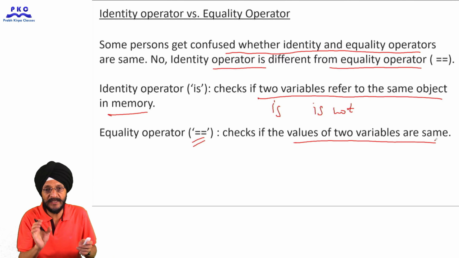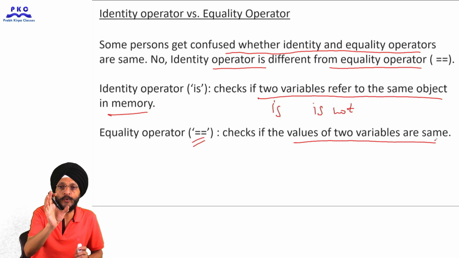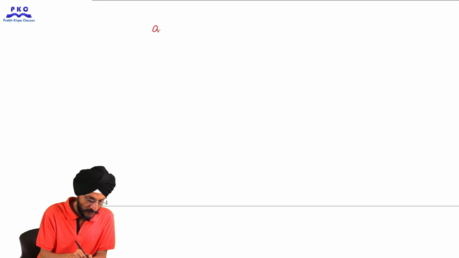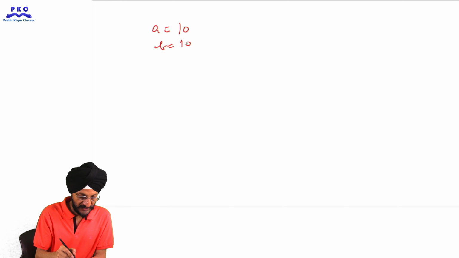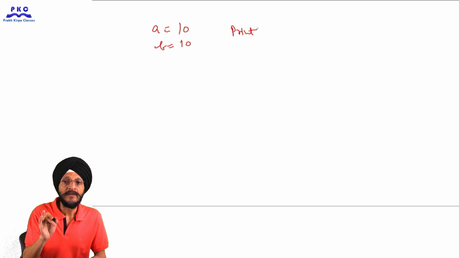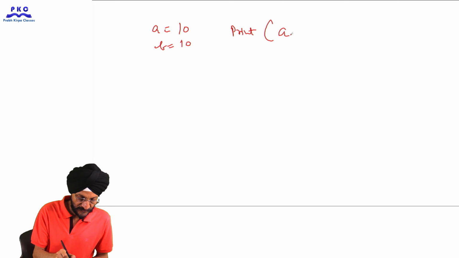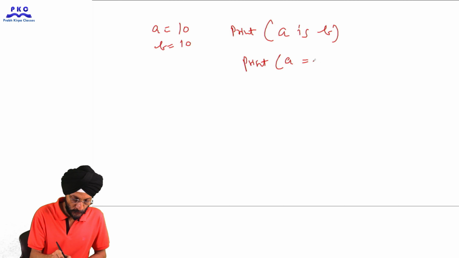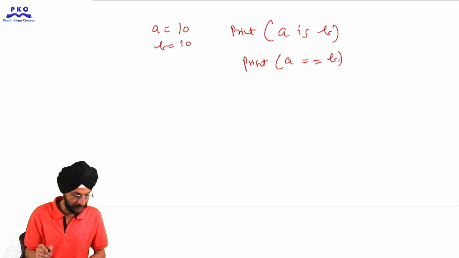We will understand the difference between the identity operator and the equality operator with the help of an example. Suppose we write a is equal to 10, b is equal to 10, and we use the identity operator, print a is b, and in another we use the equality operator, print a equals equals b.